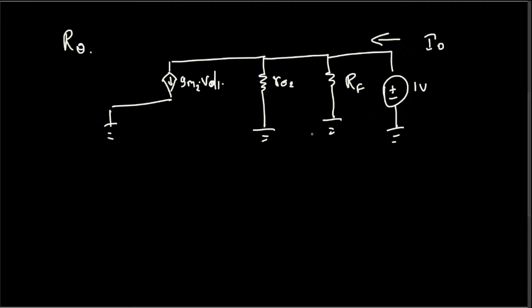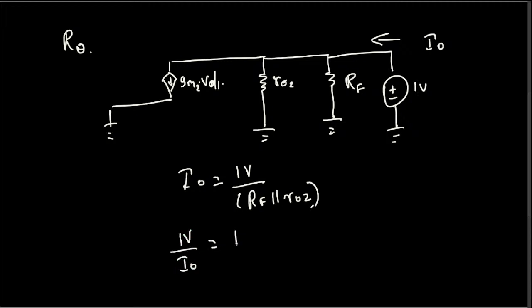So this is the small signal equivalent model, and from this one, this I0 is nothing but this 1 voltage divided by this parallel resistance, which is RF parallel to RO2. If you rearrange this equation, 1 voltage over I0 equals RF parallel RO2, and this 1 voltage over I0 is nothing but the output resistance. Therefore, output resistance is RF parallel RO2.